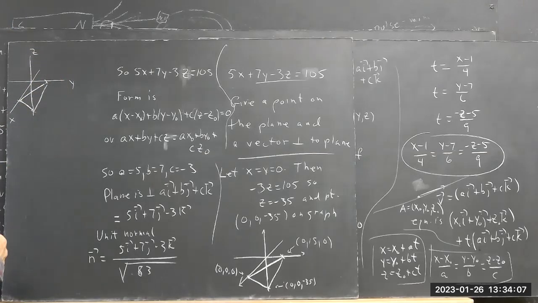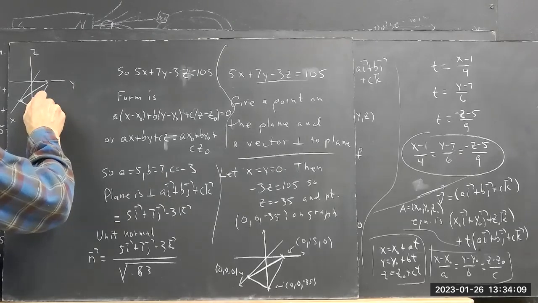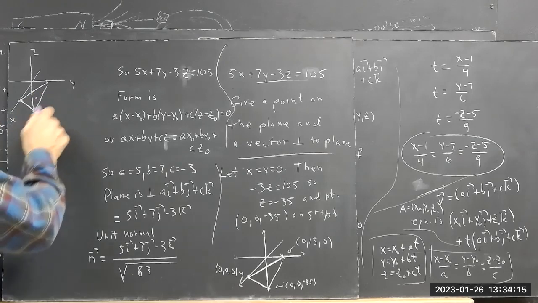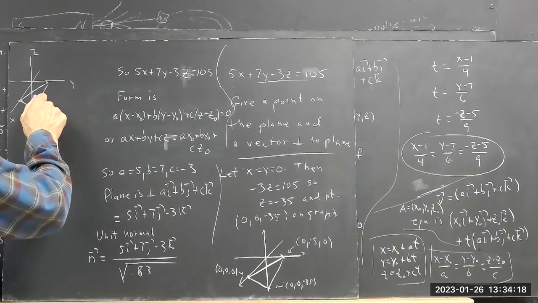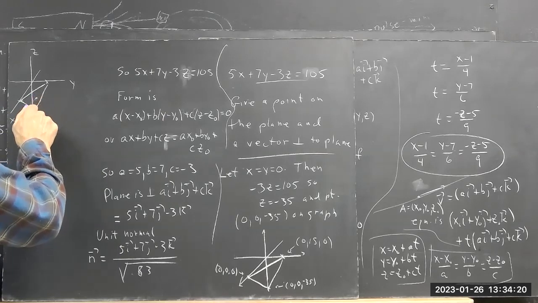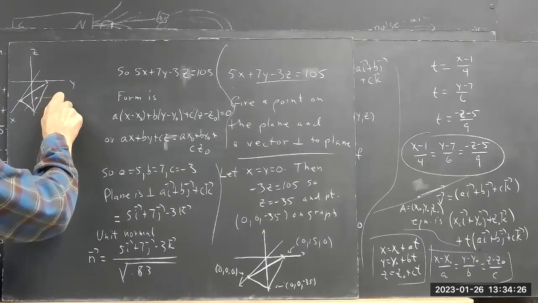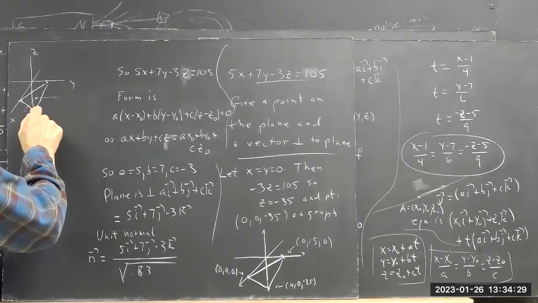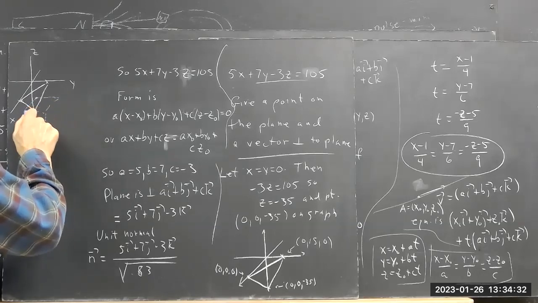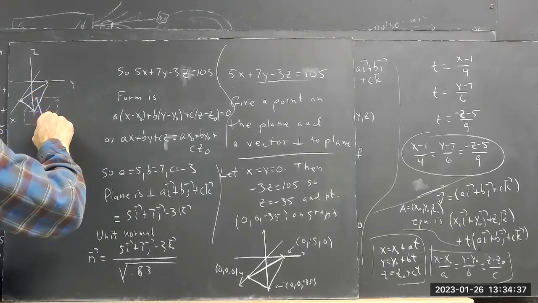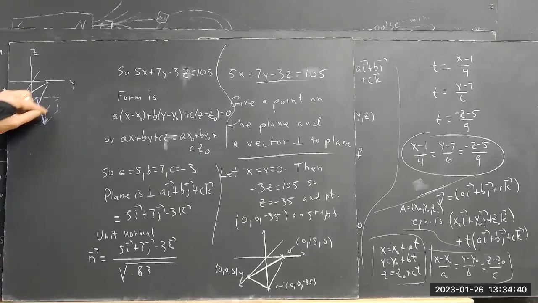And a normal vector is going to have, and let's just put it right here, it's going to go 5 units in this direction, 7 units in this direction, and -3 units in the Z direction. It's going to go like this. In this little rectangular box that I drew tells you how it's oriented. Does that make sense?